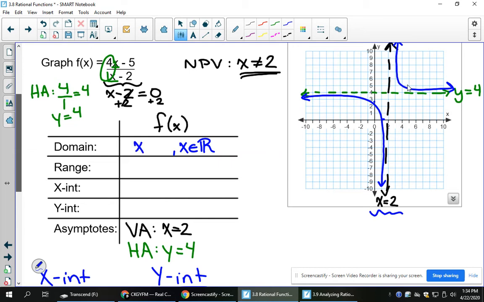So we have to say that the domain is x cannot be 2, but x can be every other real number. By the same logic, y cannot be the asymptote 4, but y can be any other real number because there's arrowheads pointing up and down. We found the x-intercept algebraically. It ended up being 5/4, 0, and the y-intercept was 5/2.